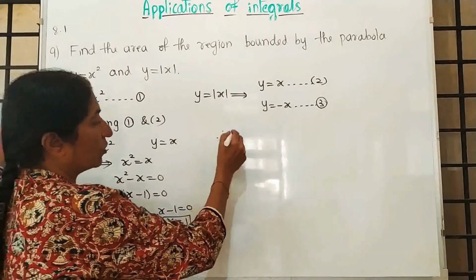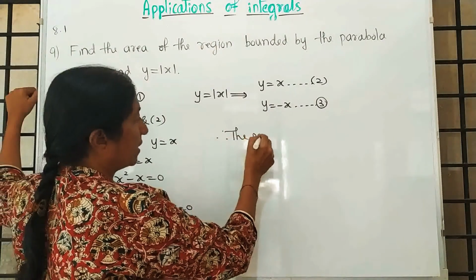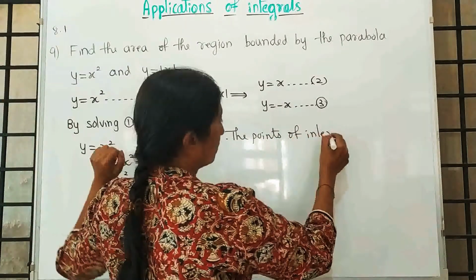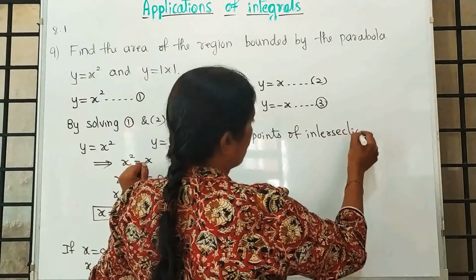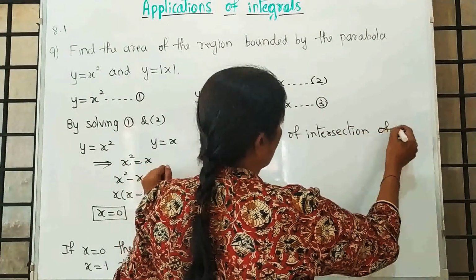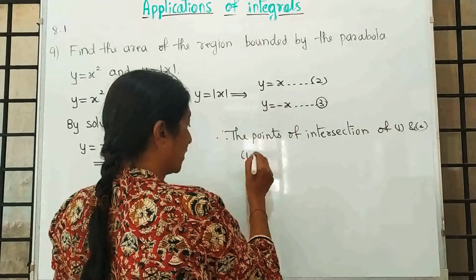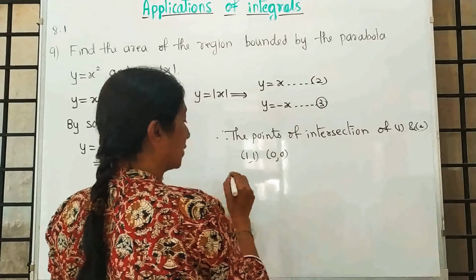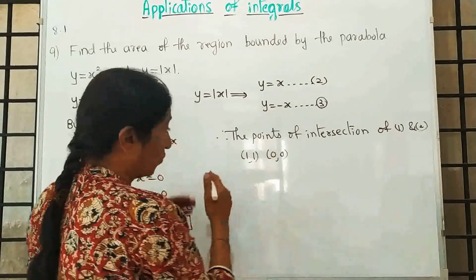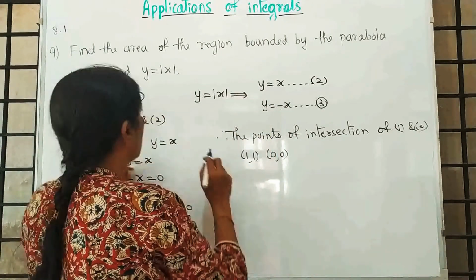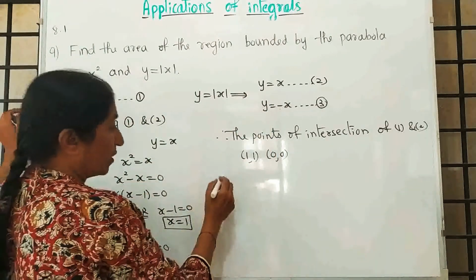Therefore, the points of intersection of 1 and 2 are 1, 1 and 0, 0. The line y is equal to x comes in first quadrant and through the origin. And see, the line y is equal to minus x comes in second and fourth. And this is the parabola open upwards.